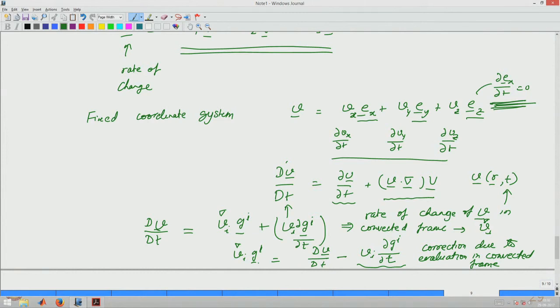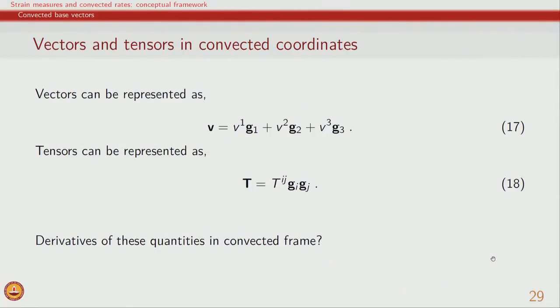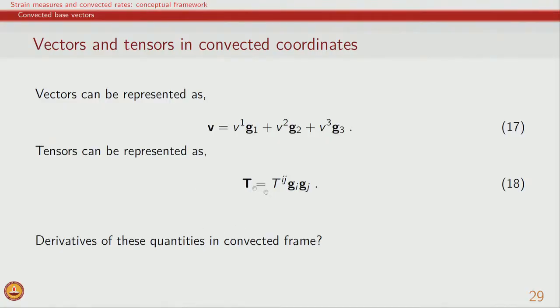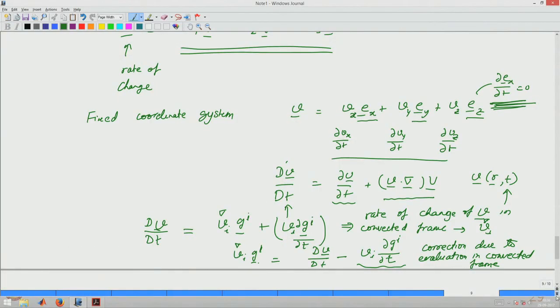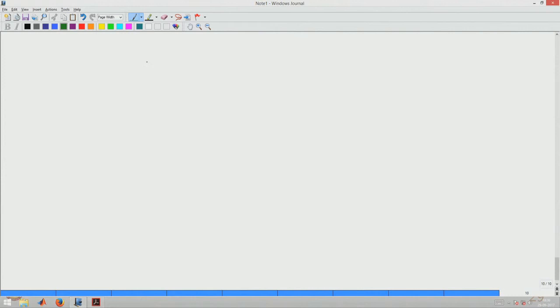So, similarly, we will also need to define tensor quantities. We have stress tensor or we have strain rate tensor or any higher order derivatives of these, and again we will define them as in the coordinate system as Tij, Gi, Gj, and clearly now when we differentiate this and we find the convected rate, we will have a term just similar to this velocity derivative that we did.